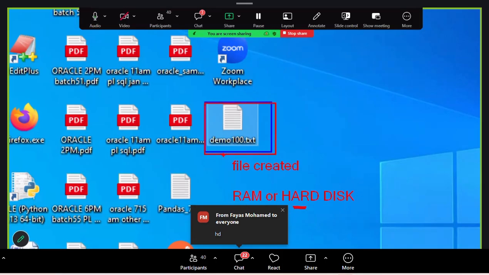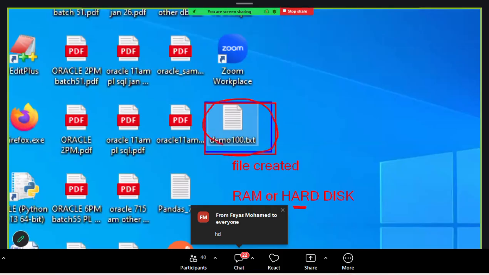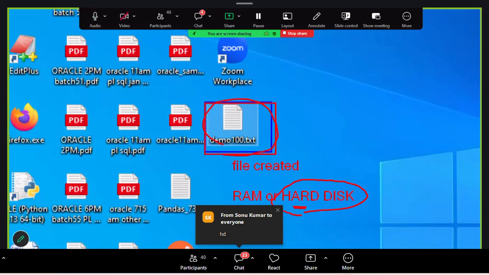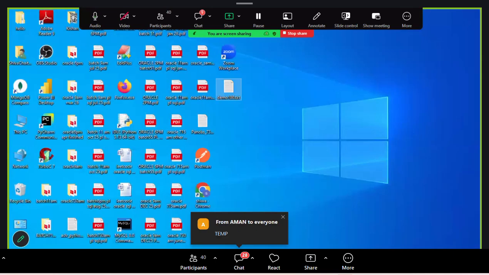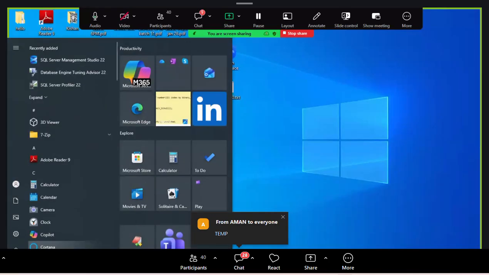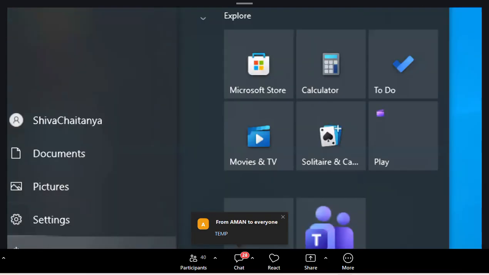Okay, please confirm, sir. Where was this file created, in the RAM or in the hard disk? Hard disk. Hard disk means temporary or permanent? Permanent. RAM means temporary or permanent? Temporary. Okay, just apply common sense here. I created this file. Now I'm shutting down the system. I will not lose this file.